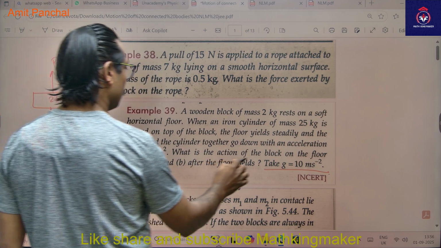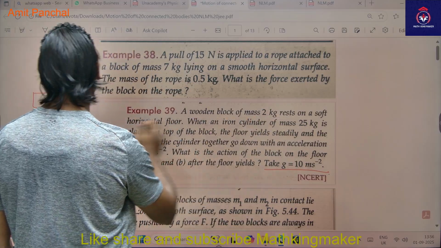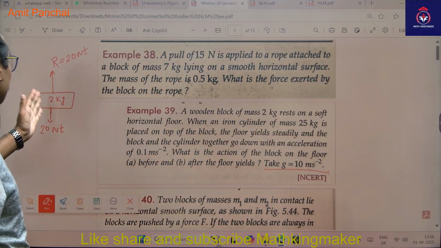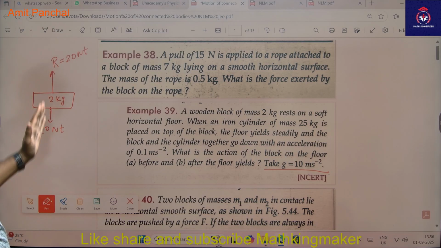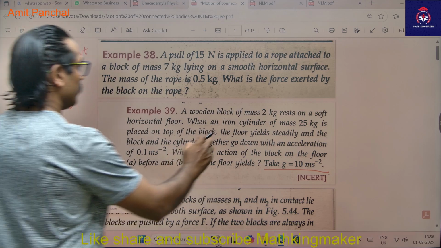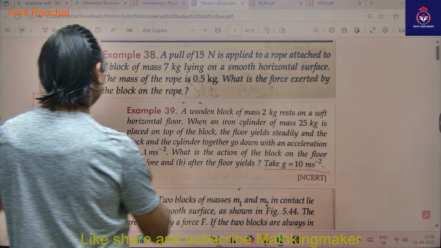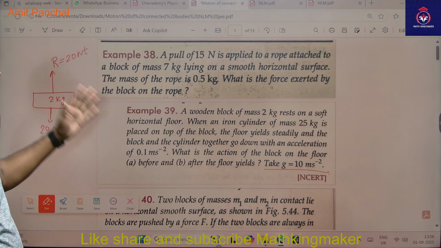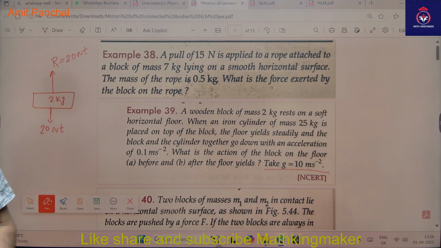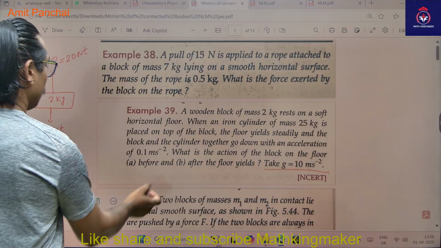The 20 Newton reaction force will be applied by the floor on the wooden box. This will be the reaction force once the cylinder is not there on this wooden box. So that is your A part.